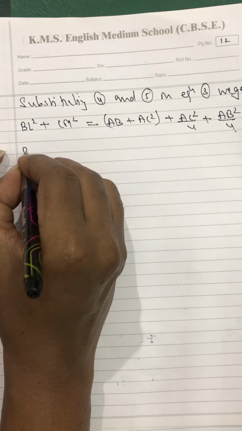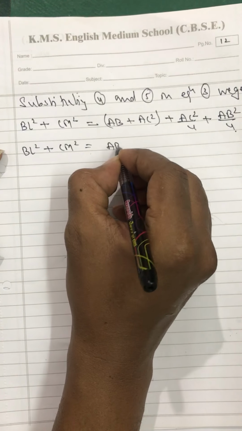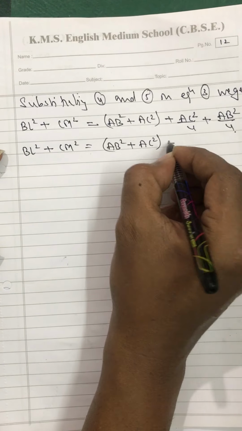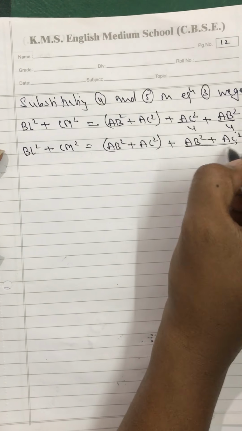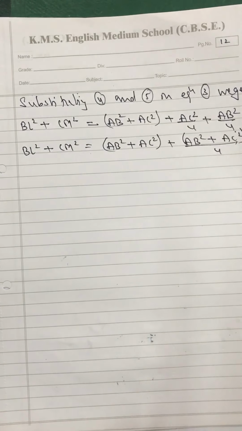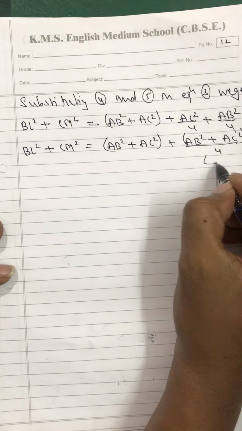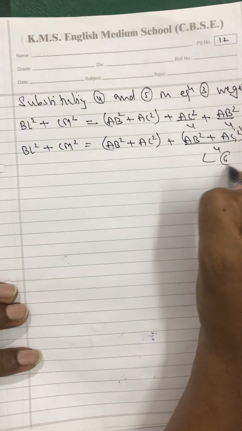This I can solve further. BL square plus... fine. It comes like this. Now this is my equation number 6.